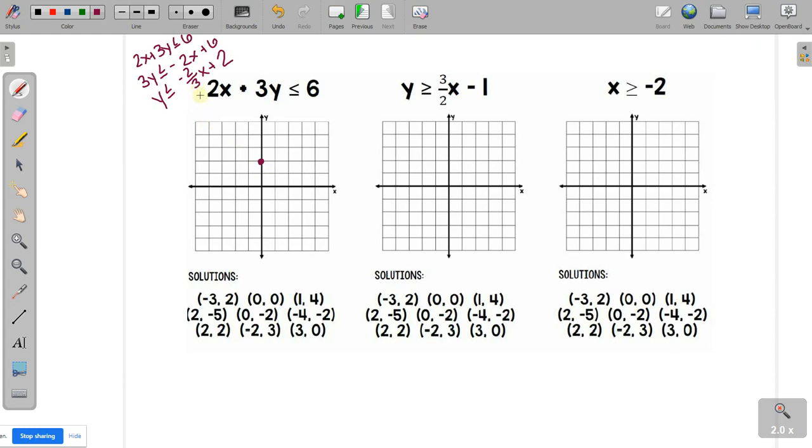Our slope is -2/3. Go down 2, to the right 3. Draw your line. Now this is an equal to, so it's going to be a solid line.